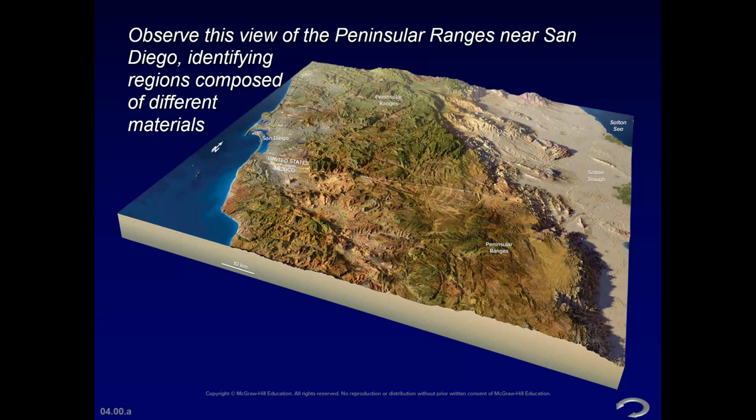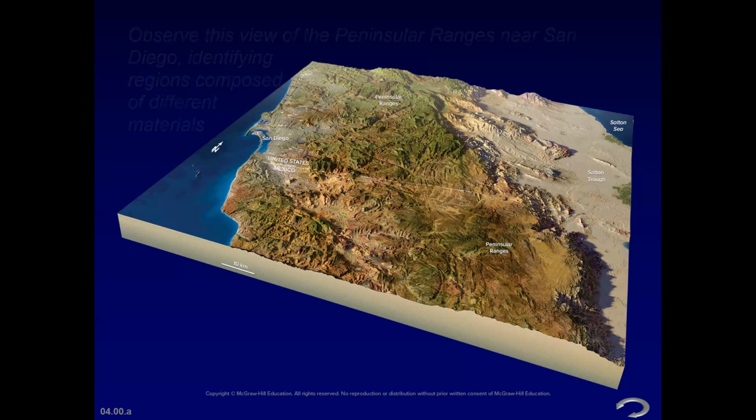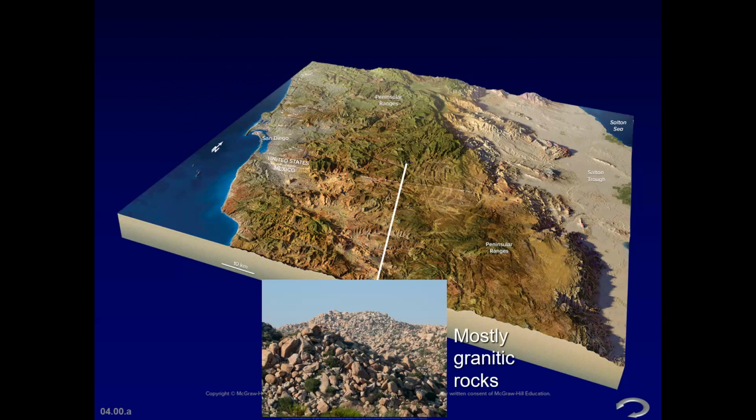But we'll look at this specific example from the book. And the point of this is different earth materials are found within a given landscape. Pretty simple, right? So this is near San Diego. Point out in this mountainous range, you have mostly granitic rocks or granite.